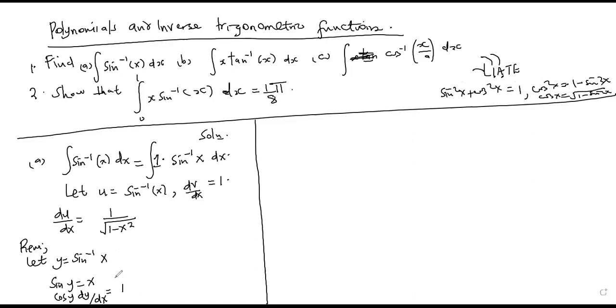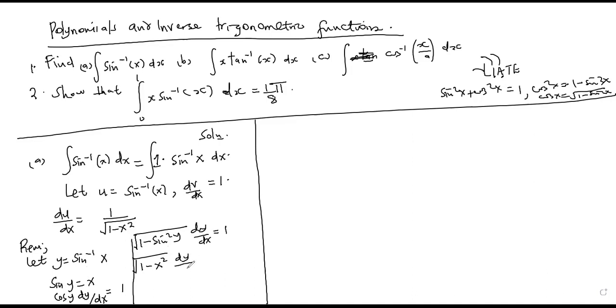But that is in terms of y. So we shall say that the root of 1 minus sine squared y, then dy dx is equal to 1. So 1 minus sine squared y, if sine y is x, then sine squared y will be x squared, under the root.